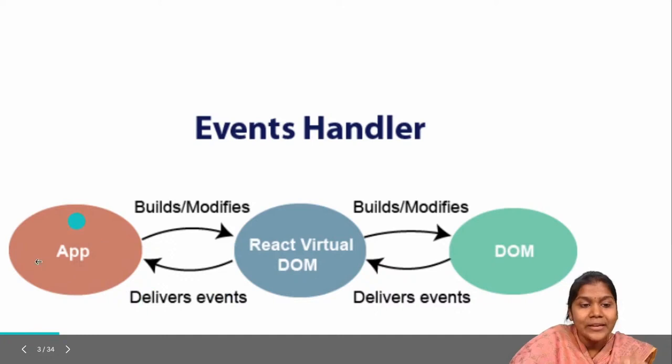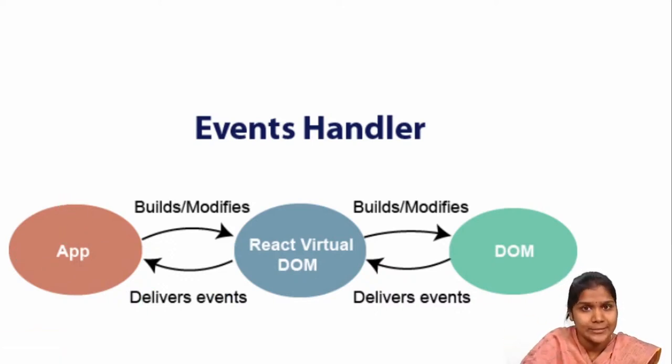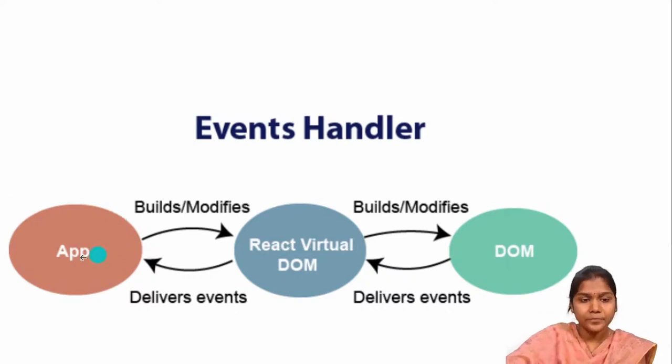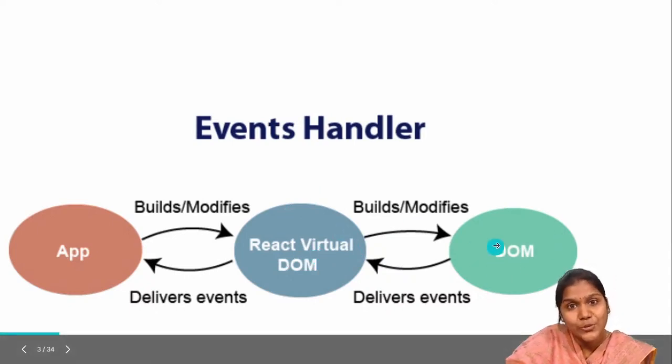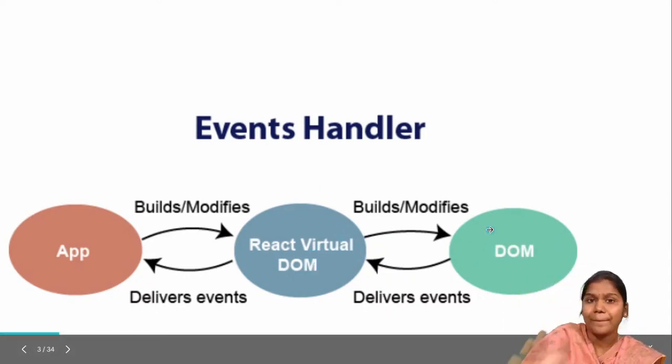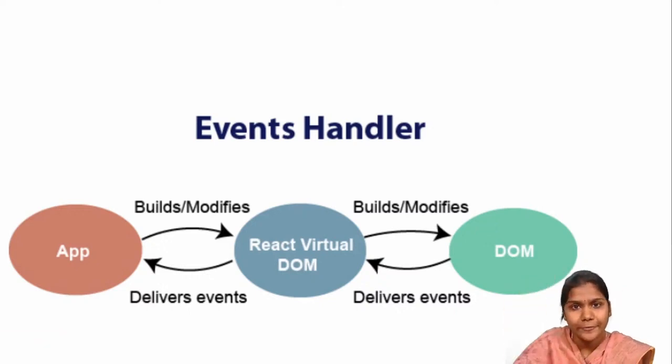Now this data will be taken or displayed or given back to app.js. Once again I will tell you, I am modifying the app.js file. If I want to modify this, I modify it through the React virtual DOM. Now this virtual DOM at the back end modifies my actual DOM, where my complete web page is in object oriented format.